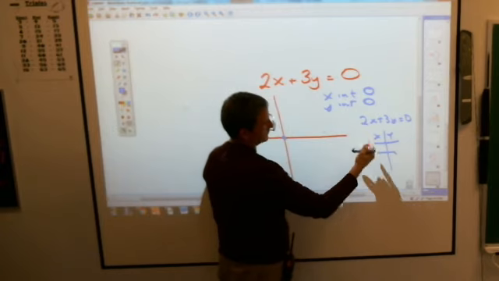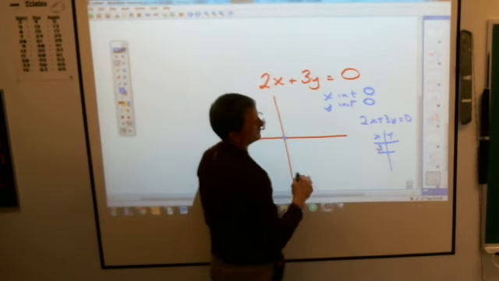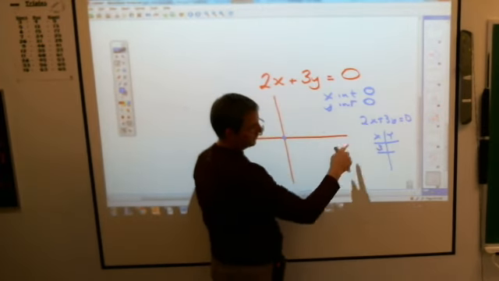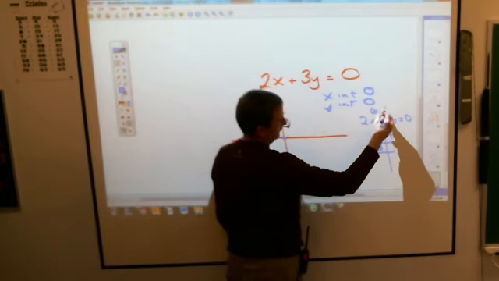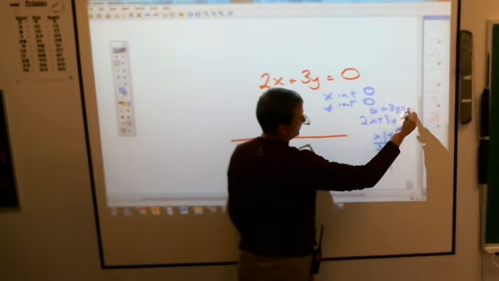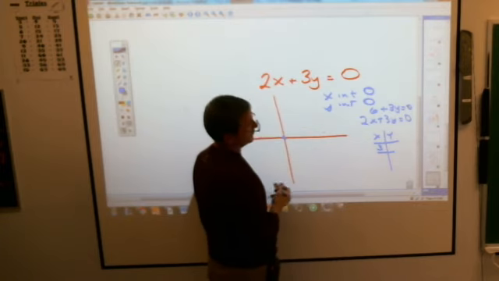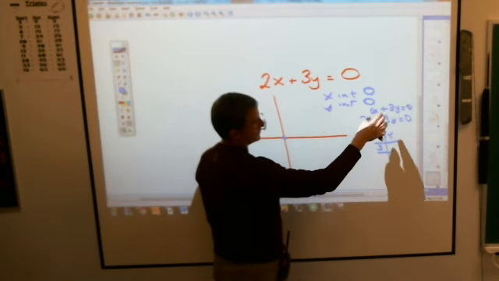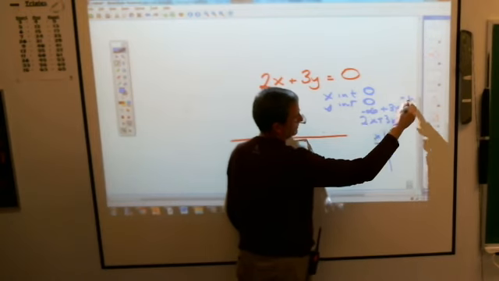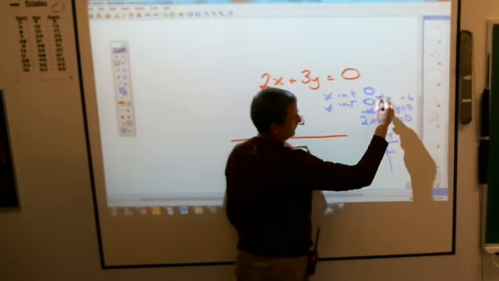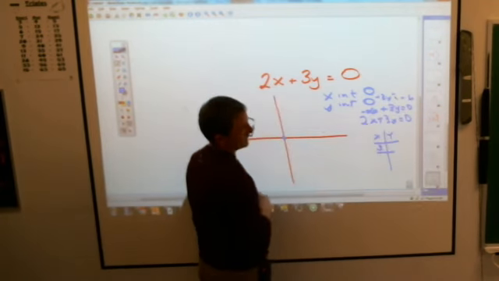If I put 3 in for x, 2 times 3 is 6, right? If I have 6 plus 3y equals 0, you still haven't solved this for y. How do I solve this for y? I'm going to have to subtract 6 to get it to the other side. If I have 3y equals negative 6, what does y equal?